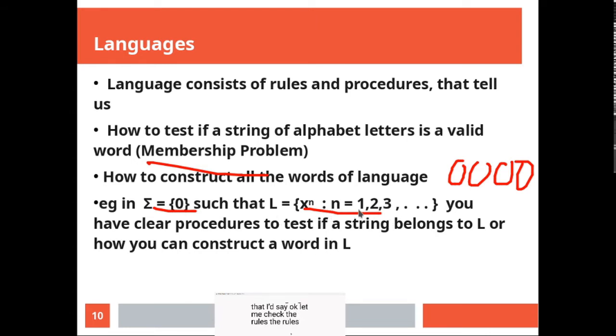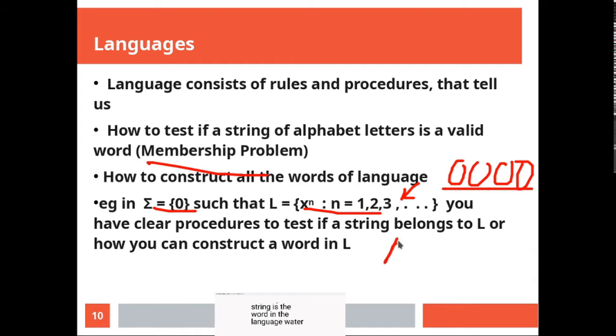The rules say that n could be greater than or equal to 1. So okay, let me see. If I have n equals 1, I can have a word with 1 length, then 2 length, 3 length, 4 length. Yes, this is satisfying this rule. So yes, this string is a word in the language.